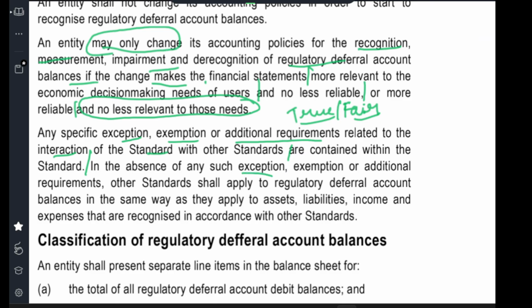In the absence of any exception, exemption, or additional requirement, other standards shall apply to regulatory deferral account balances in the same way as they apply to assets, liabilities, income, and expenses that are recognized in accordance with other standards. Like other standards, it should be applied.